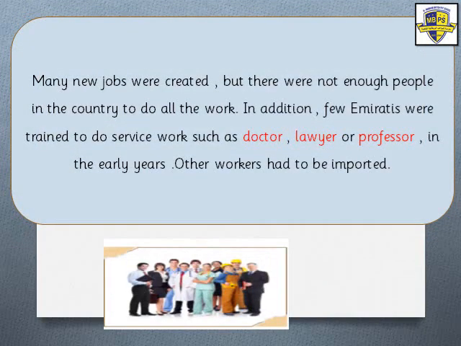Many new jobs were created, but there were not enough people in the country to do all the work. In addition, few Emiratis were trained to do service work, such as doctor, lawyer, or professor. In the early years, other workers had to be imported.